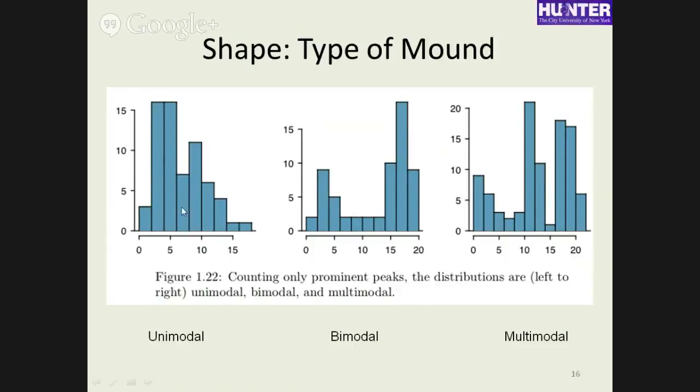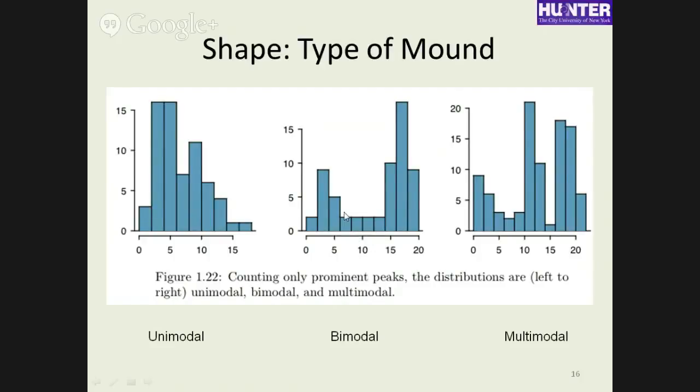And it's definitely unimodal. It doesn't mean it's perfect, but there's only one hill. You might think of this as an extra little mound, but that's not really enough data to call something bimodal.